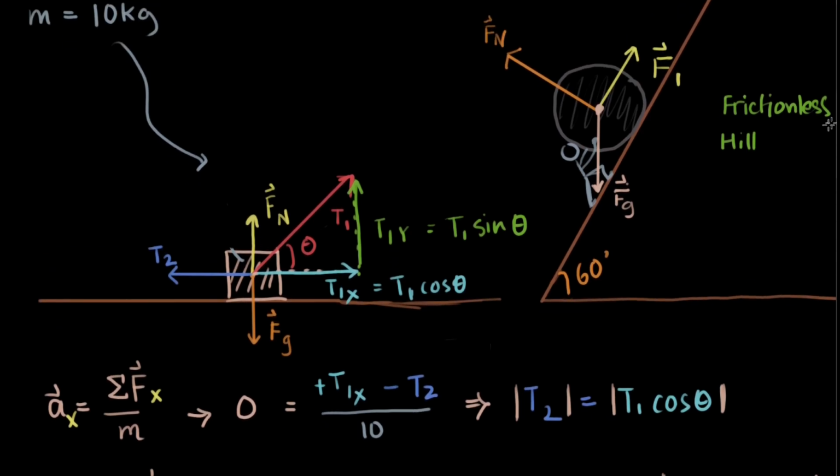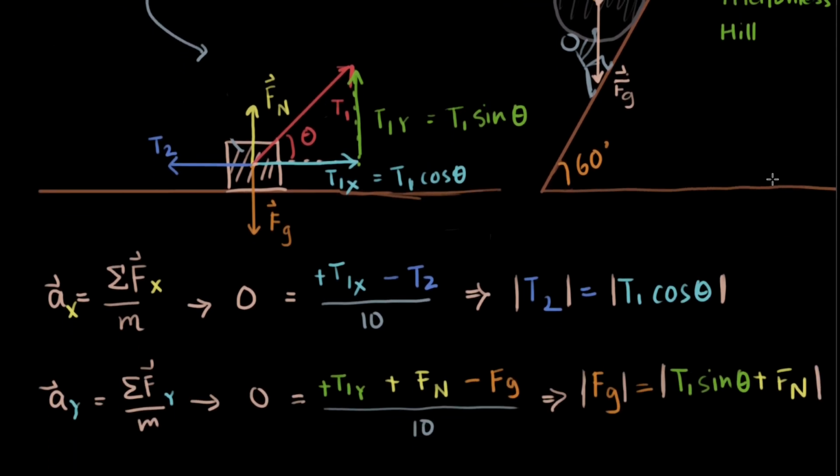So what did we learn here? We learned how to find the forces that are balancing each other out to find the force that we need. Suppose you had an angle of 30 degrees and T1 equaled, say, 50 newtons.